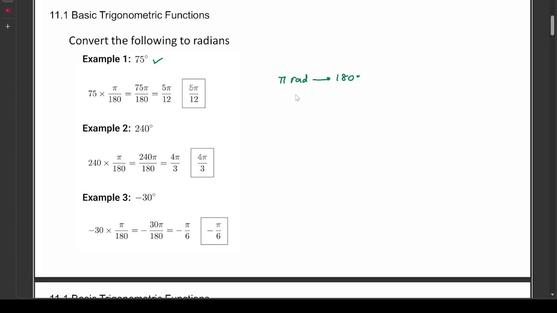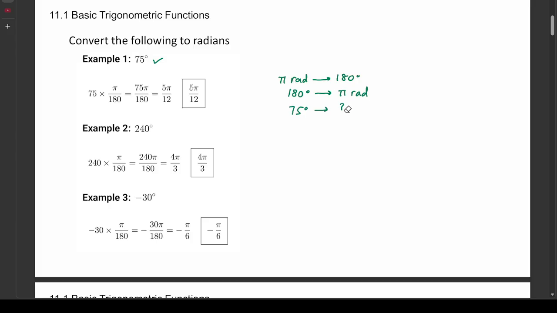So if I want to convert 75 degree to radian, normally we would just write 180 is basically pi radian. So if I have 75 degree, how much is this angle in radian?